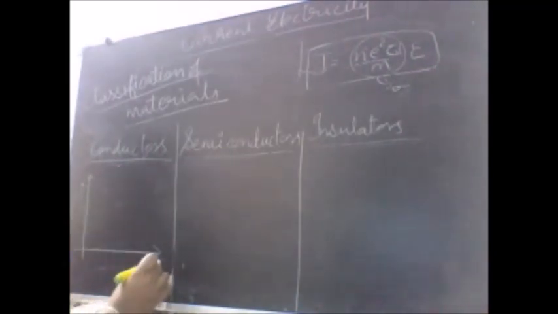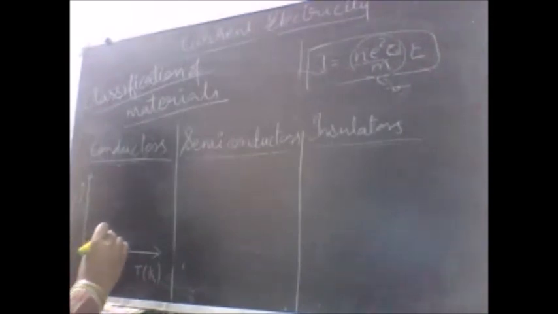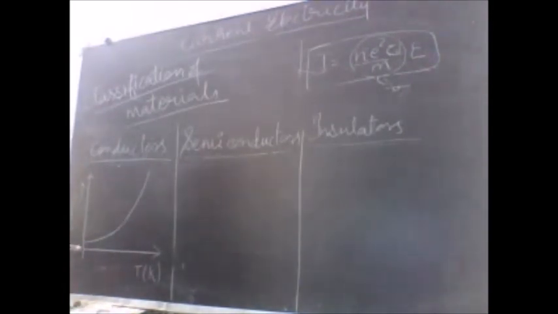We are taking temperature in Kelvin. The graph comes like this. That means at 0 Kelvin, the conducting specimen offers certain resistivity. It is not zero, having certain value of the resistance that it is offering to the flow of the charges. So when we increase the temperature, it rises.